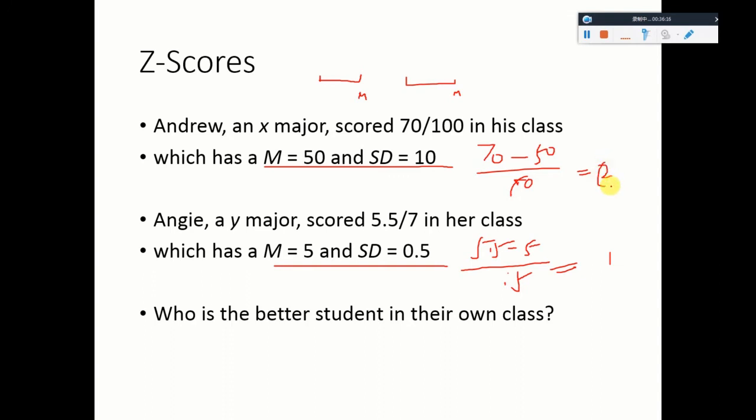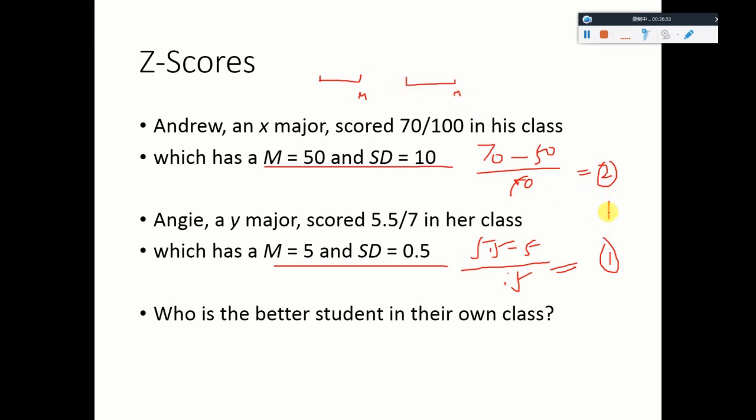So the z-score for Andrew, which is 2, means that Andrew's score is 2 standard deviations above the mean. Whereas Angie's score is only 1 standard deviation above her mean. Now, these two values are comparable because they're simply distances, right? 2 is the distance of Andrew's score from his class mean, and 1 is Angie's distance from her class mean.